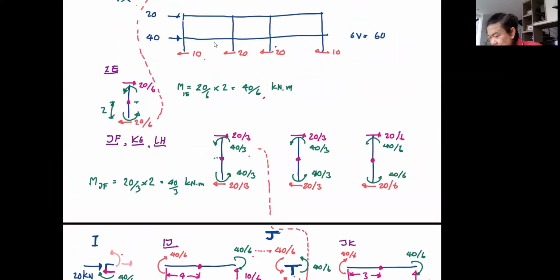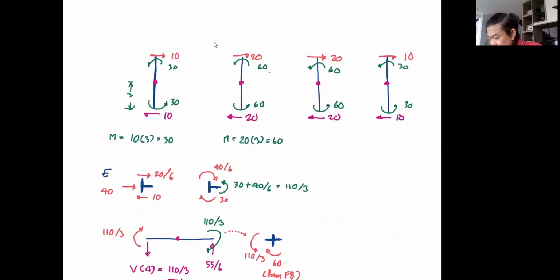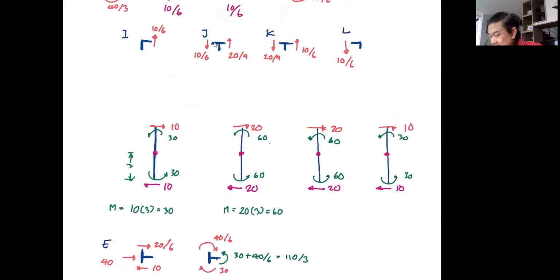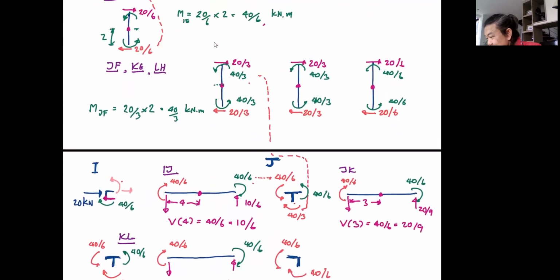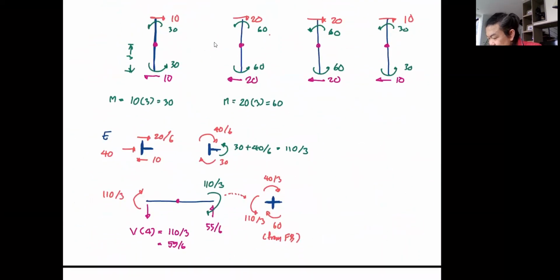But that's JF, counterclockwise moment, and so it comes down here as the clockwise moment. How much? Okay, it's 40/3, right? Am I correct? Yeah, 40/3 from JF.